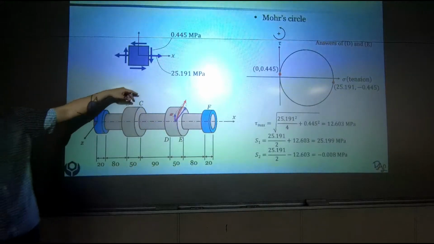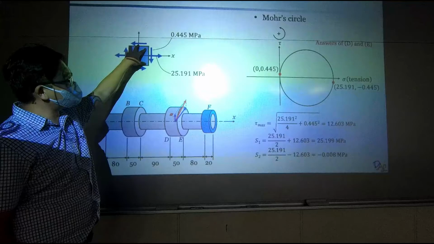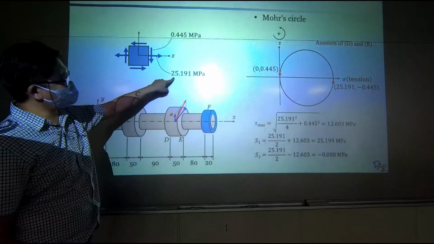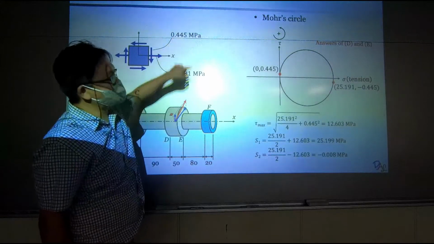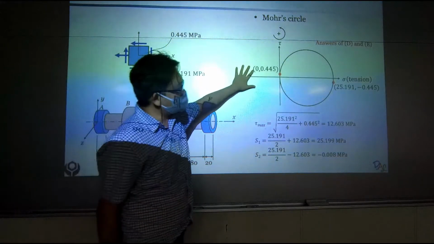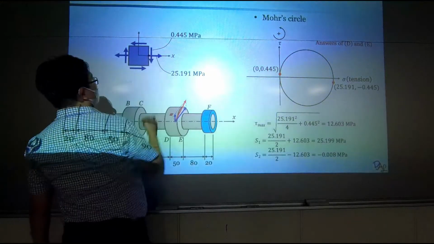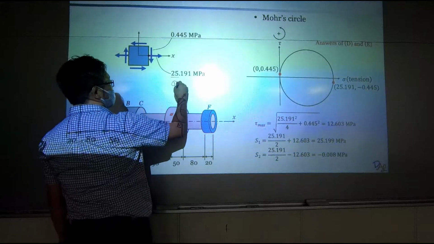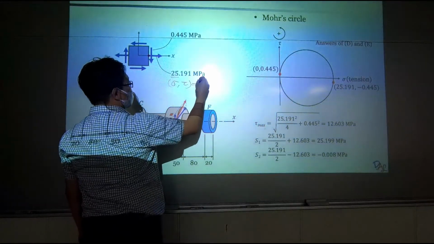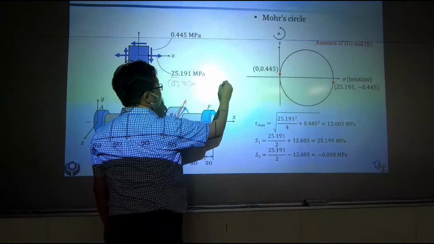And we are sure this position is under this kind of loading condition, where the normal stress is the value that we got earlier, and the shear stress is like this. Then you can draw the Mohr circle. So we analyze this point first. It has sigma and tau. You should draw a point at this location.